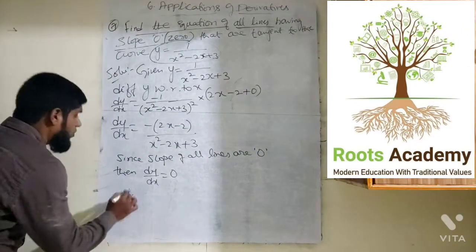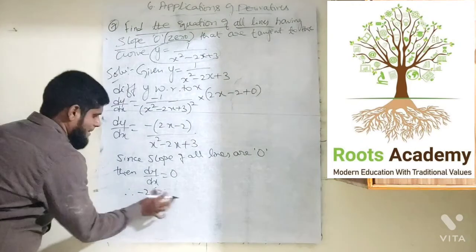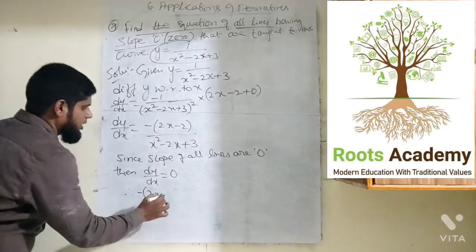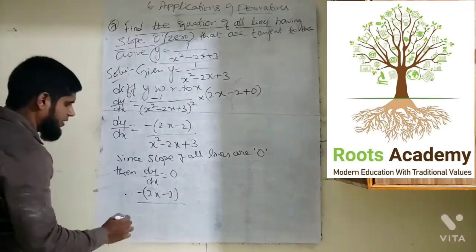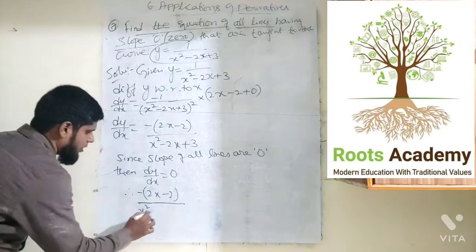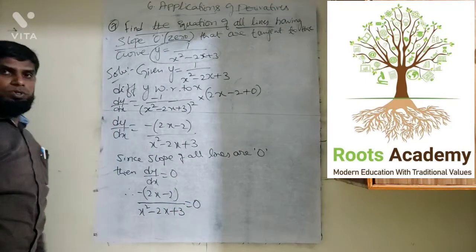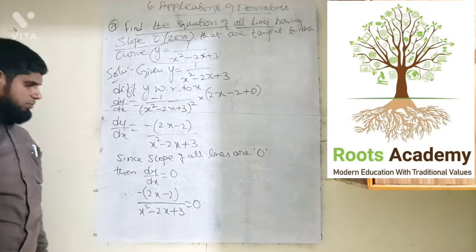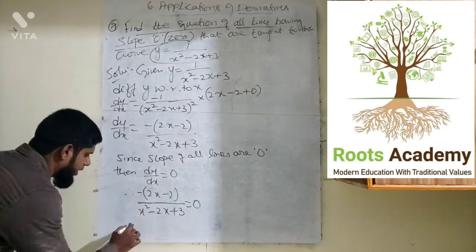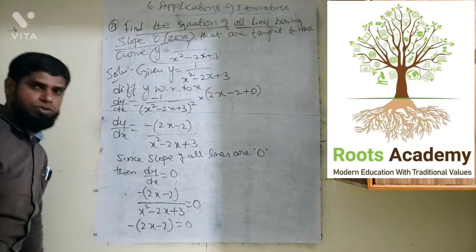So therefore minus of 2x minus 2 divided by x square minus 2x plus 3 whole square is equal to 0. If we do the cross multiplication, we will simply get minus of 2x minus 2 is equal to 0.